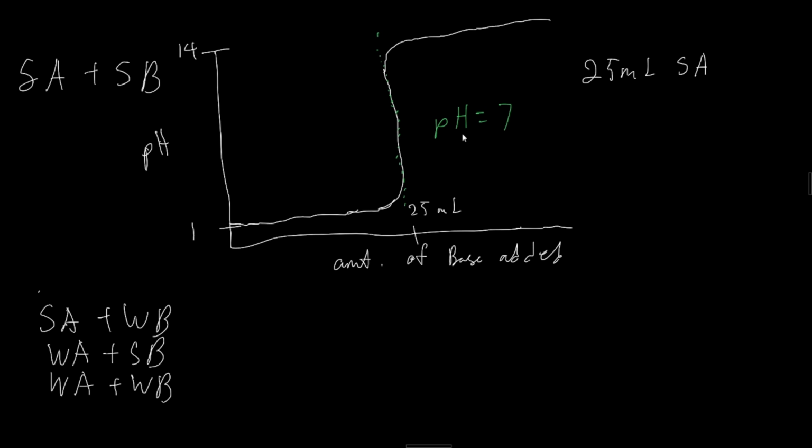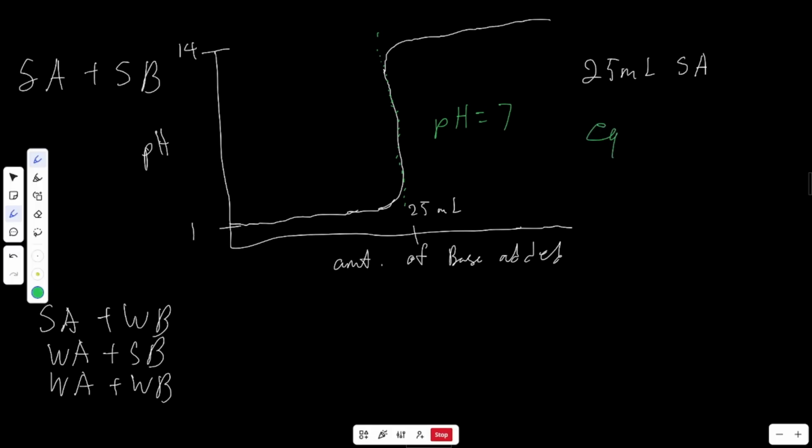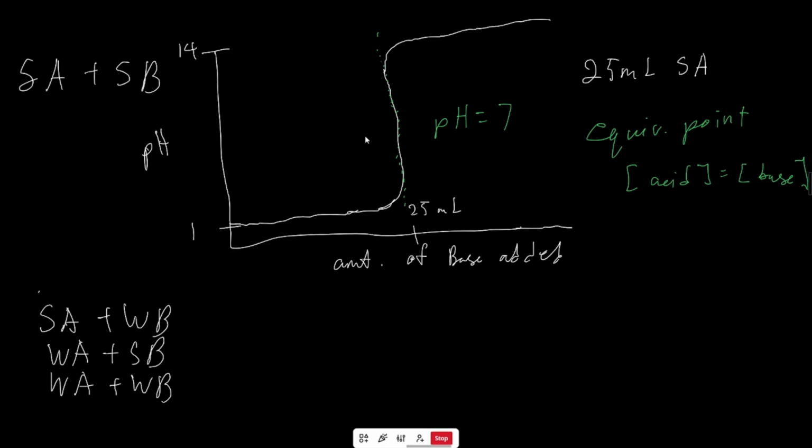And an equivalence point is when there are equal parts acid and equal parts base. And it will look like this.